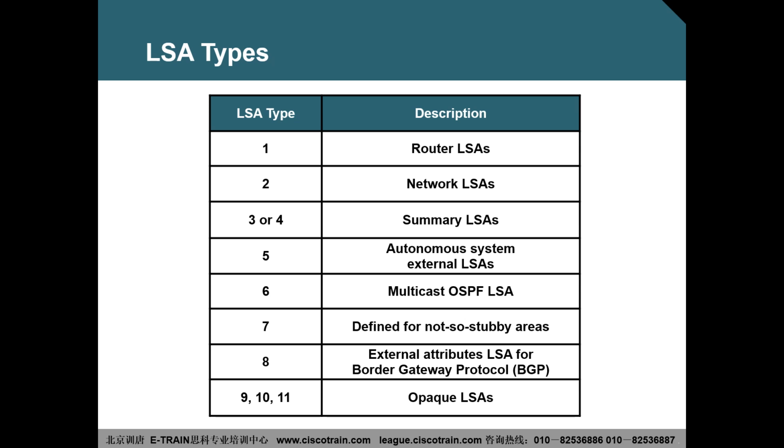By default, OSPF doesn't carry any attribute. Only when you take BGP and put it into OSPF, these attributes need to be considered by OSPF, for which OSPF uses LSA type 8.